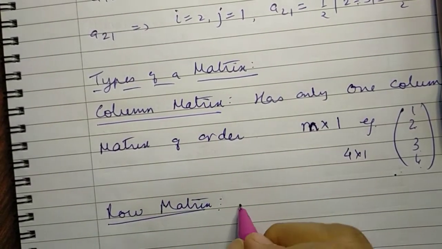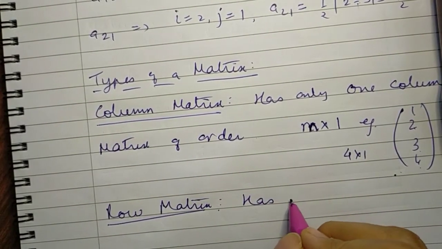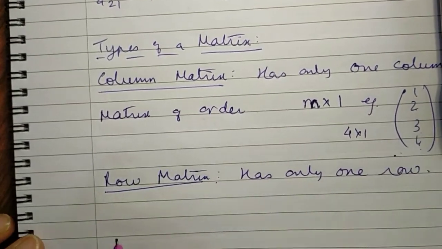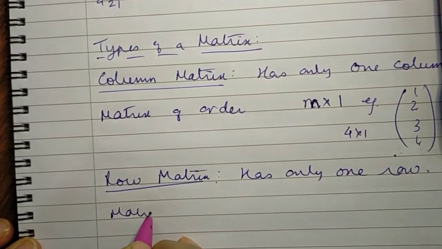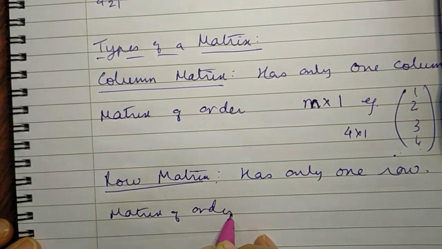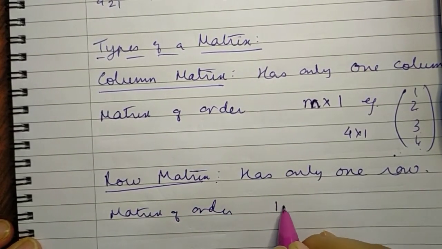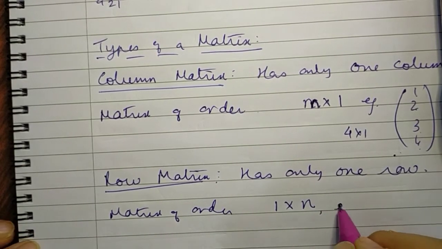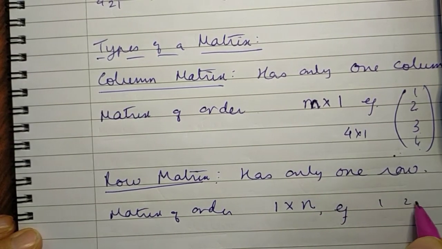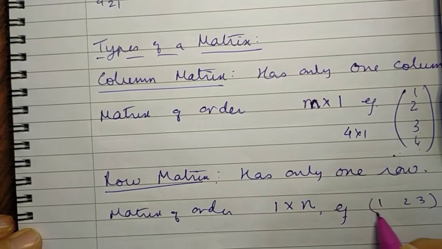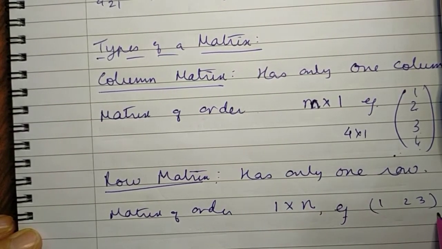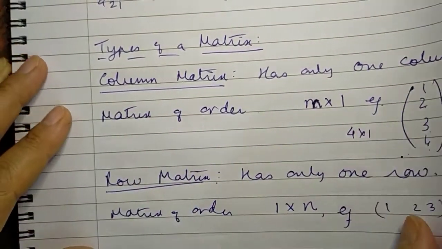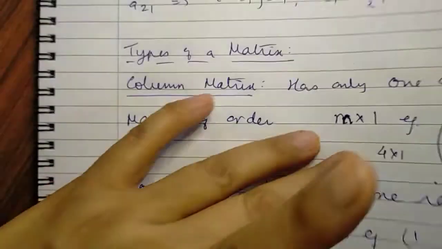As the name itself suggests, it has only one row, so it is a matrix of order 1 by n, where columns could be any number. For example, you could have 1, 2, 3, a matrix having 1 row but 3 columns.